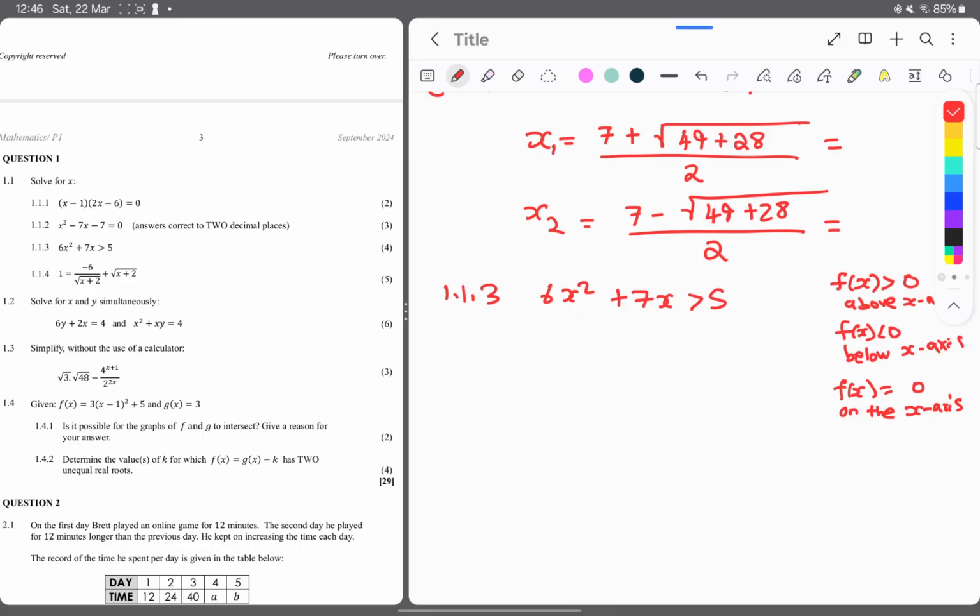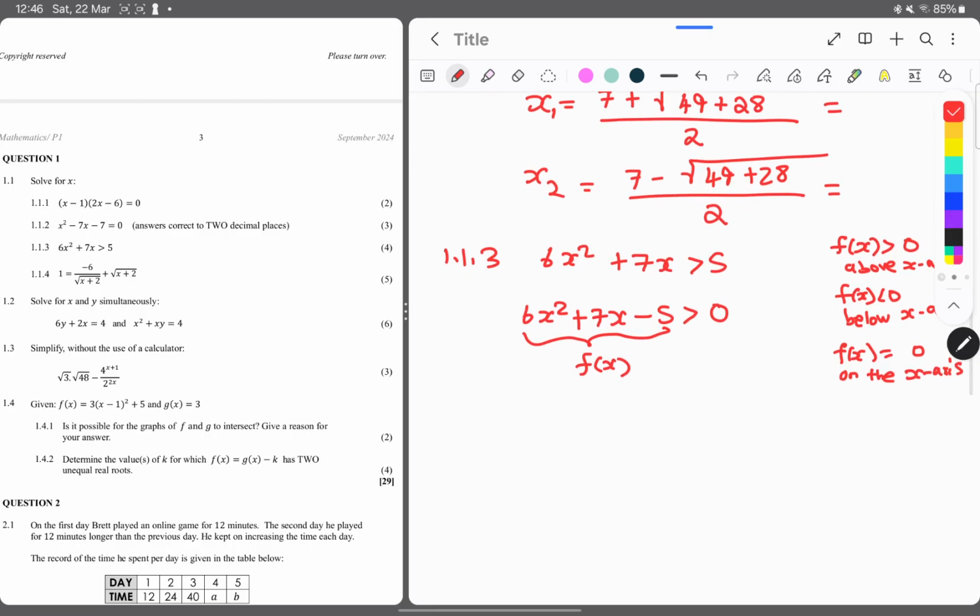Now, the first order of business is to write it in its standard form, where we get 6x squared plus 7x minus 5 greater than 0. Now, this here is your f(x). In order to find the values of x, we must then use critical values.